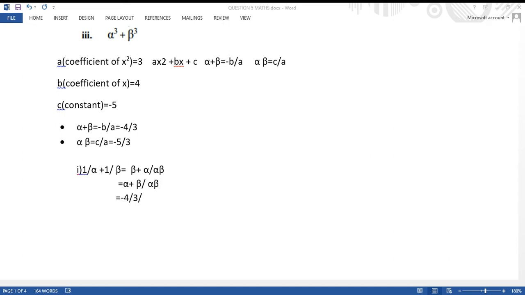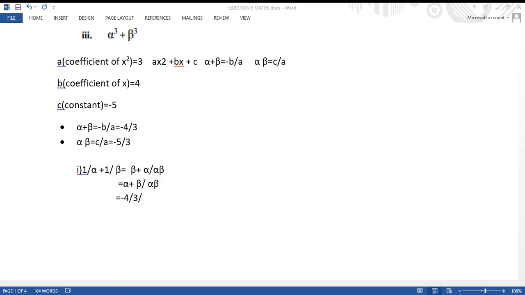Right, 1 over alpha plus 1 over beta, the common denominator alpha beta, right? Alpha beta divided by alpha, you remain with beta. Then alpha beta divided by beta, you remain with alpha, right?